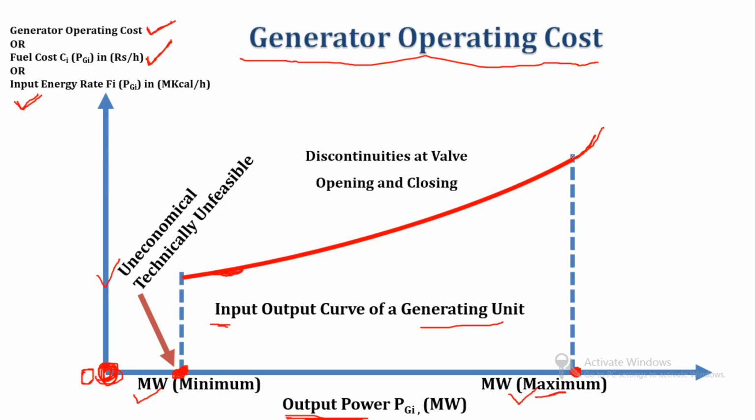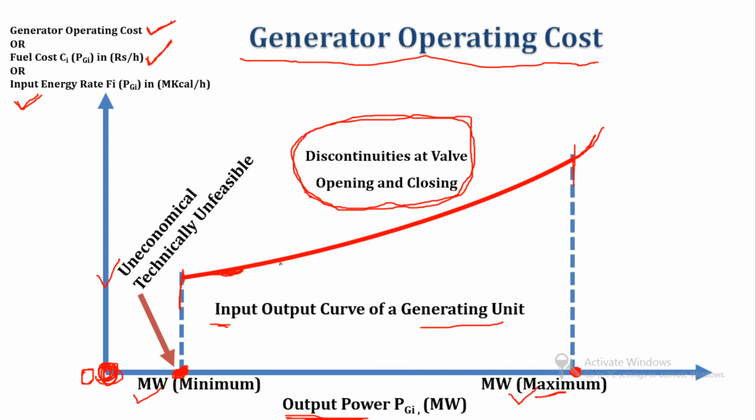So our graph runs between these 2 points, megawatt minimum and megawatt maximum, and the discontinuities are due to the opening and closing of valves based on the demand. If the demand increases, we have to open more valves. If demand decreases, we have to close the valves. Due to that opening and closing, this curve becomes discontinuous.